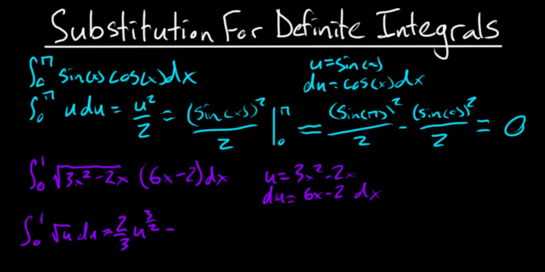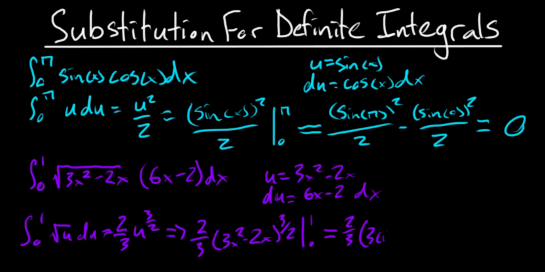And now we're going to substitute what we had for u, because we said that u was 3x squared minus 2x. So this becomes 2/3 times 3x squared minus 2x to the 3/2 power, and we need to evaluate this from 0 to 1. When we evaluate from 0 to 1, it's going to become 2/3 times 3 times 1 squared minus 2 times 1, all to the 3/2 power, and then subtract.